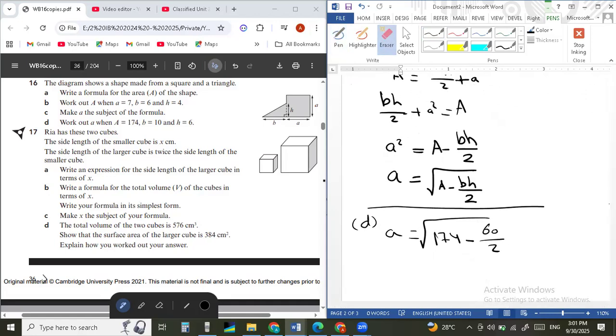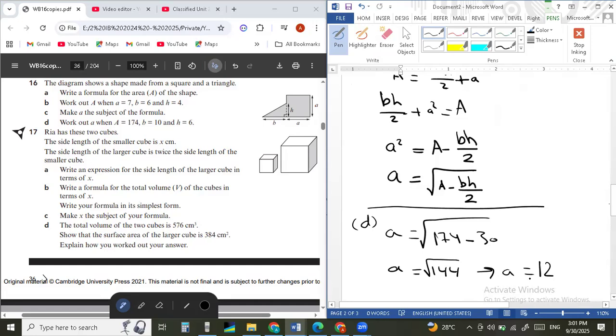So bh, we agree, b times h, 10 times 6, 60, divided by 2 is going to be 30. So I'm going to write here just 30 right away. So a equals what? You're going to find square root of 144, which is a equals 12.